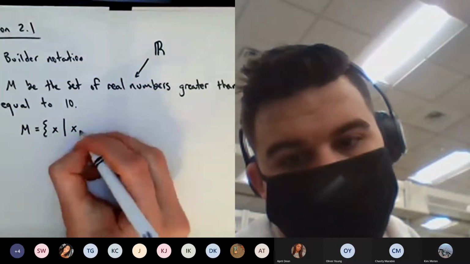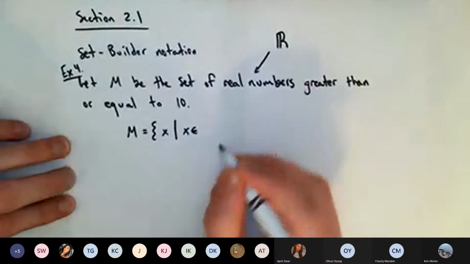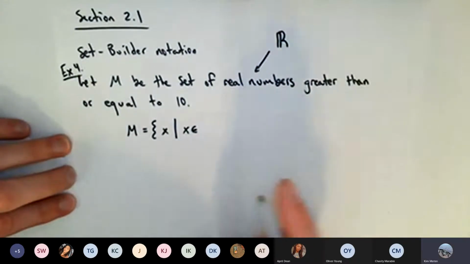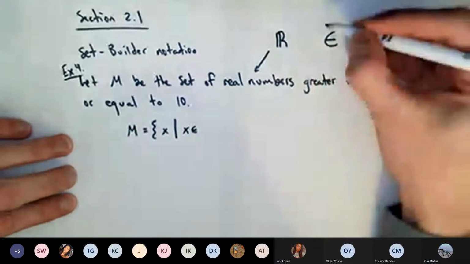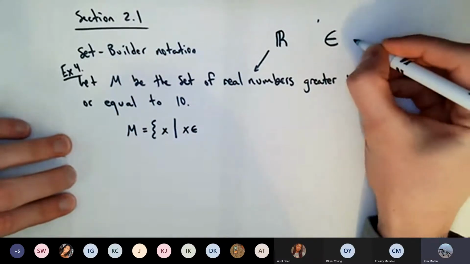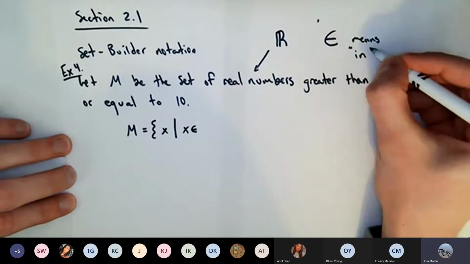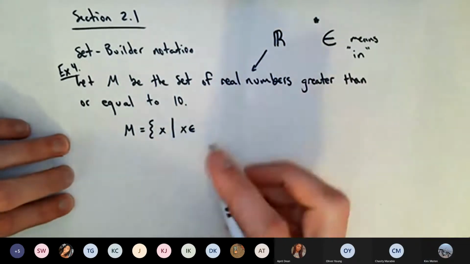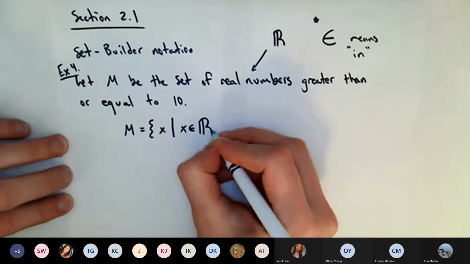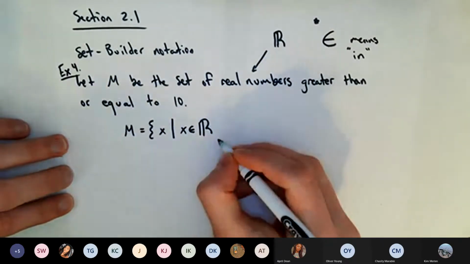I say X. Remember, this symbol means "in," so X is in the real numbers. That's the first thing that gets you into this set.